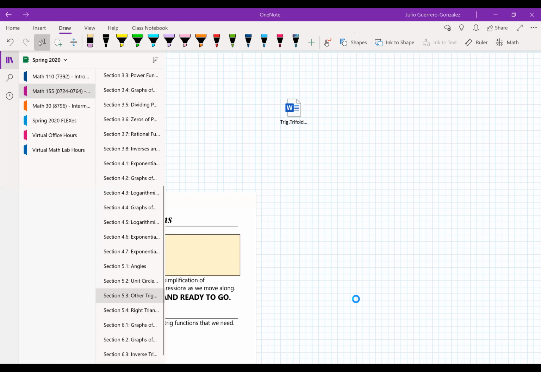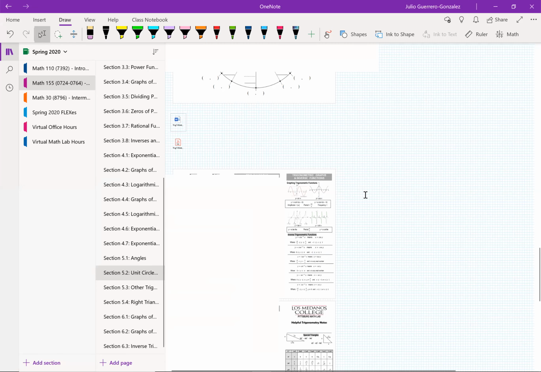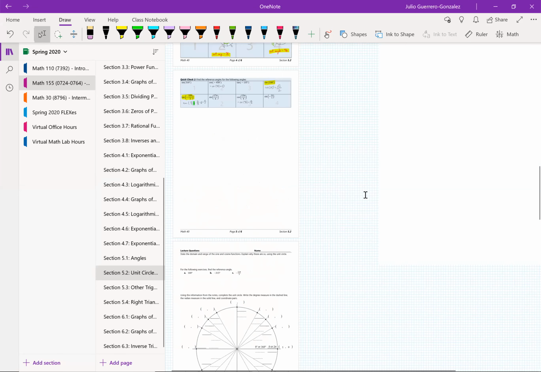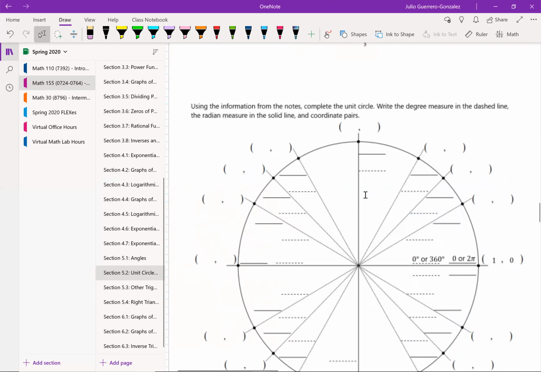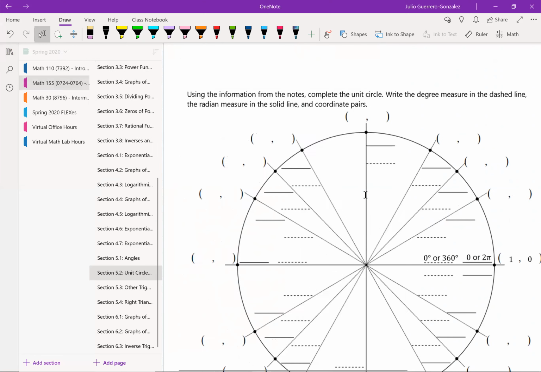For the points on the second quadrant, would it kind of just be like the reflection but negative? Exactly. So you just need to treat the things that are supposed to be negative as negative.